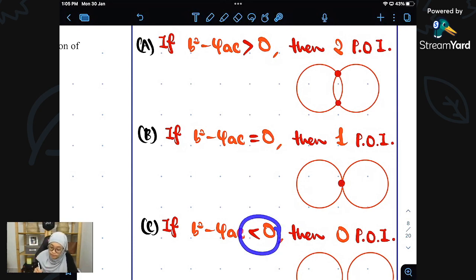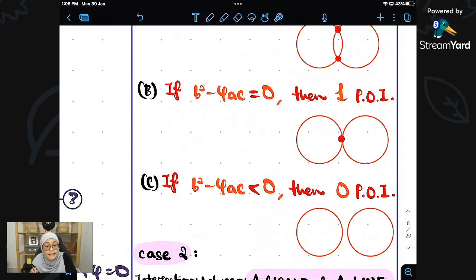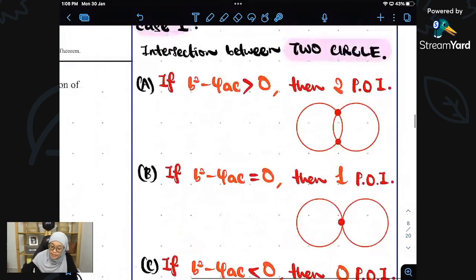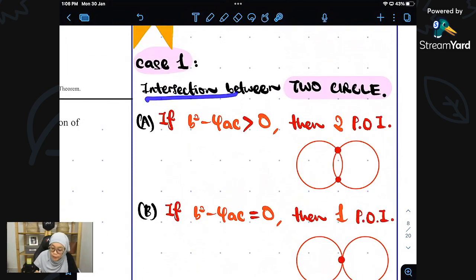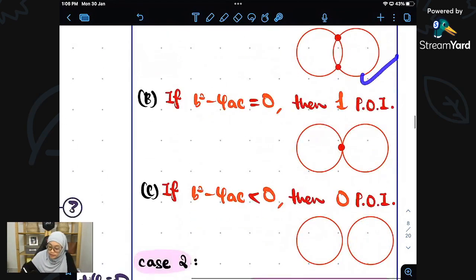If it is less than zero, it means the circles do not touch each other. Therefore, zero points of intersection. You understand? So there are three conditions here when the intersection between two circles happens.